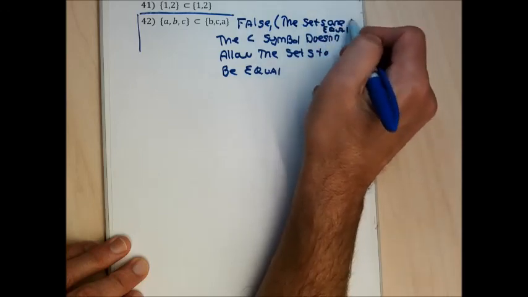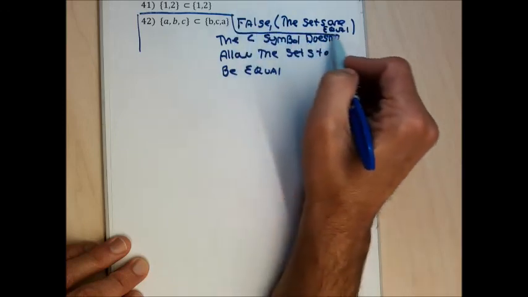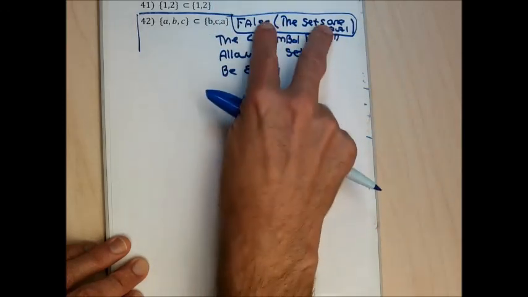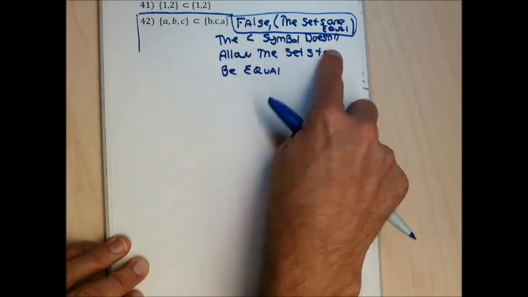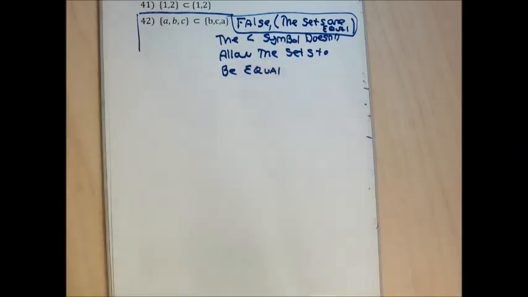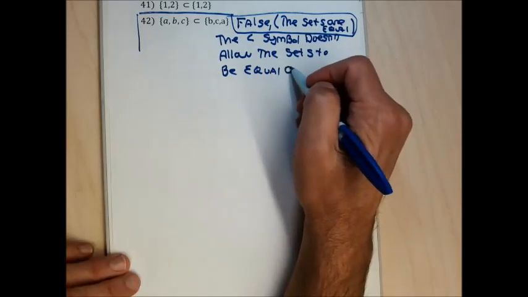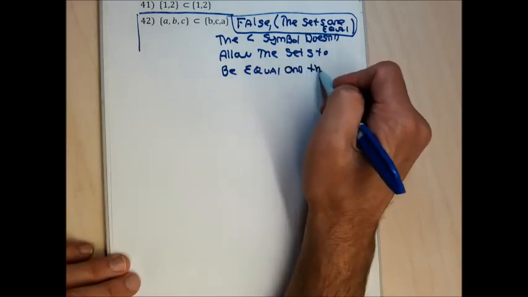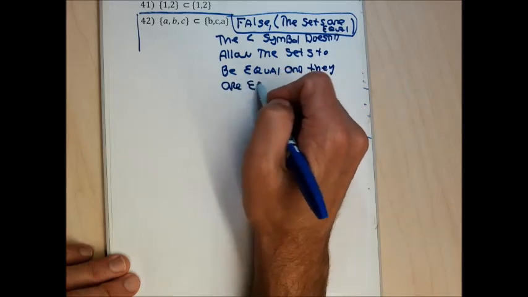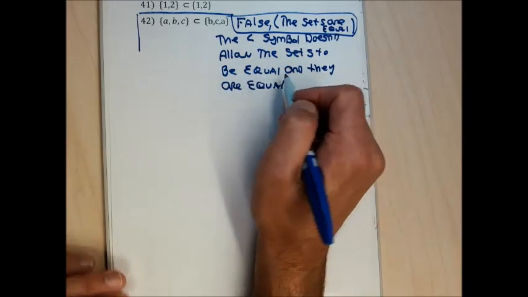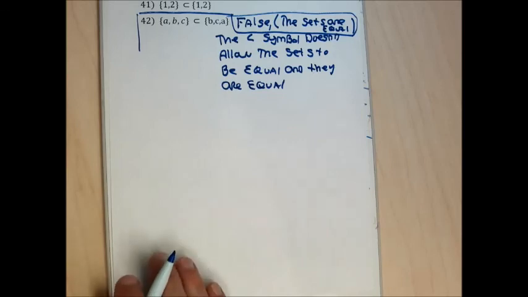So somehow in your answer you need to say it's false because the sets are equal. That would be completely fine answer. This would also be fine, saying false. This proper subset symbol doesn't allow the sets to be equal, and they are equal. So your 41 should be real similar.